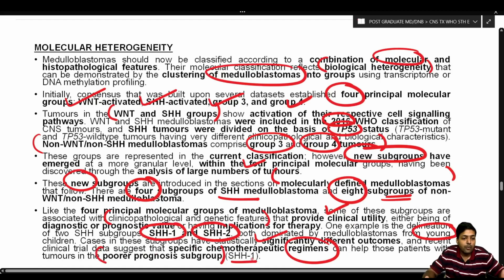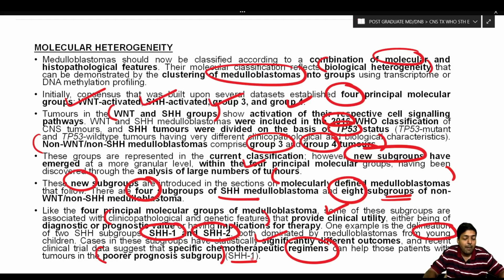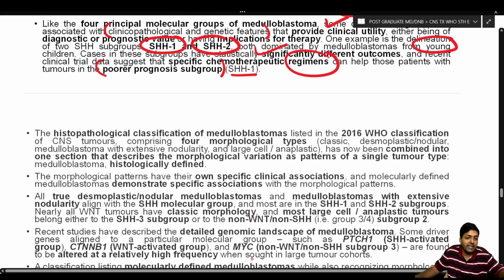So there are different subgroups for the SHH. Both of them, 1 and 2, occur in the young. But there is a particular study showing that, given the current chemotherapeutic regimens, SHH1 patients have a poorer prognosis, and the chemotherapeutic regimen can help those patients in the SHH1 subgroup. So this is the importance of subgrouping under the molecular heading that we have seen.